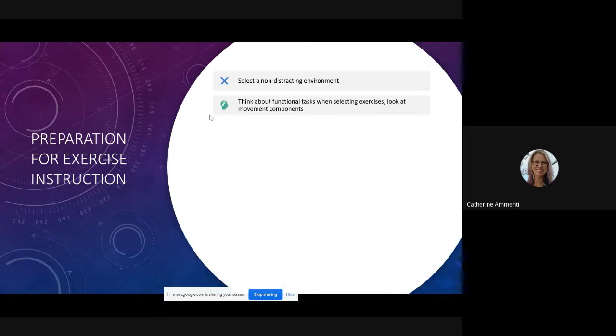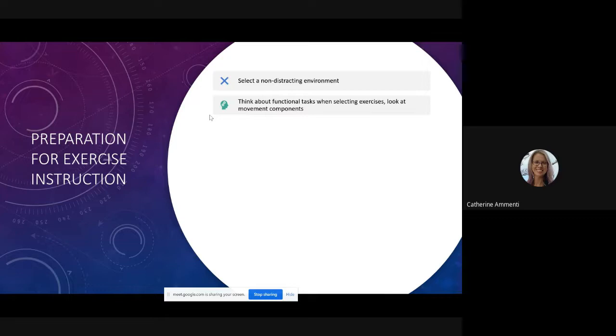Maybe it's a particular reach, or that reach really requires some additional trunk rotation in order to make that happen. So you can look at those functional tasks, look at the movement components that are involved in those tasks, because those movement components will direct you to exercise.